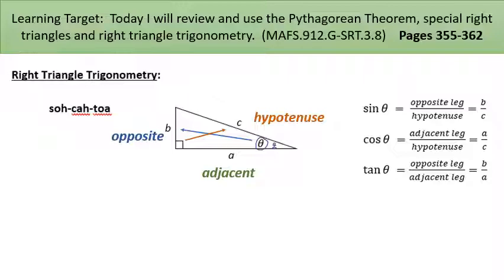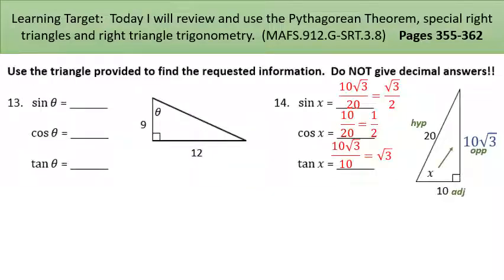And if you think about your perspective being in this corner, this side is literally beside you. So it is literally adjacent to you, which is why it's called the adjacent side. Okay? That's it. Sine is opposite over hypotenuse, cosine is adjacent over hypotenuse, tangent's opposite over adjacent. Those are the three things you have to know.